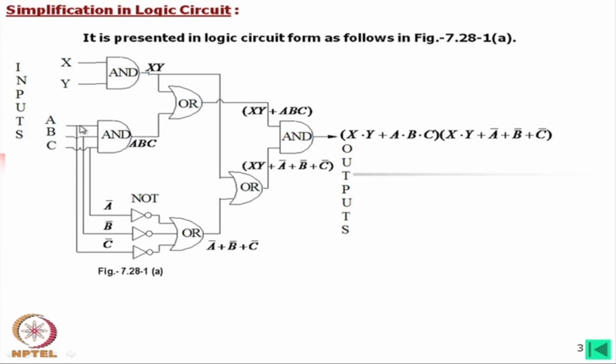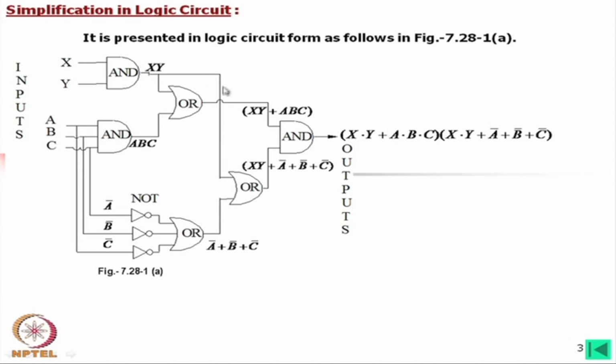Now, again it is possible that we directly connect this to 3 NOT devices, because if you remember these equations, then we connect it through this OR. This output we are getting here, and this output here.